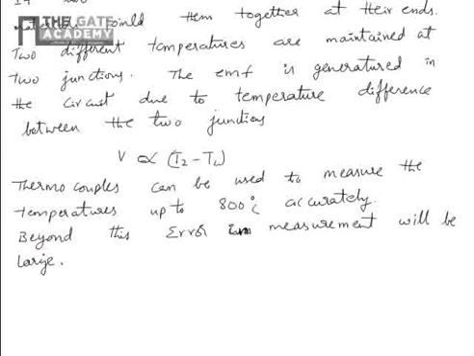So if the voltmeter is showing 5, the temperature difference is 5 into 20, which is 100 degrees. Based on the voltmeter reading, we calculate the temperature difference developed.